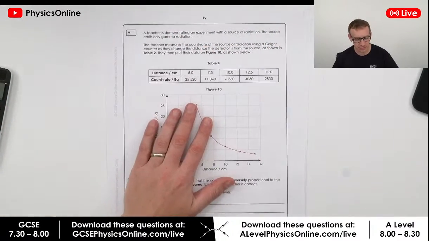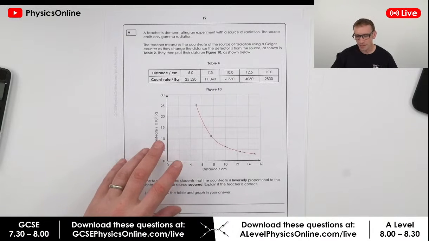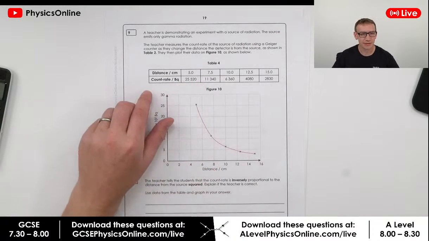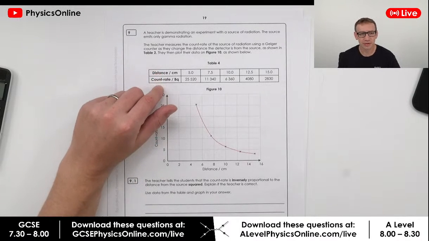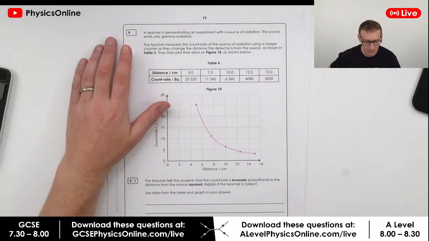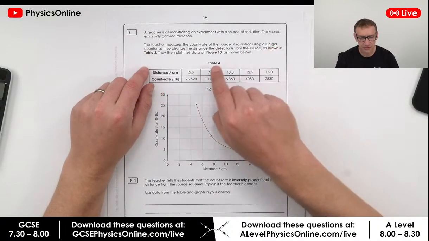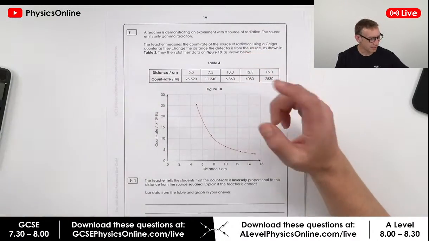Okay, so the first topic we're going to be looking at is partly to do with the experimental method, and in particular the count rate of a radioactive source, which is what is measured by a Geiger counter.